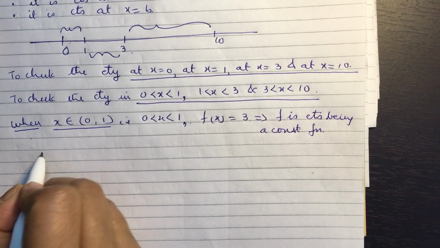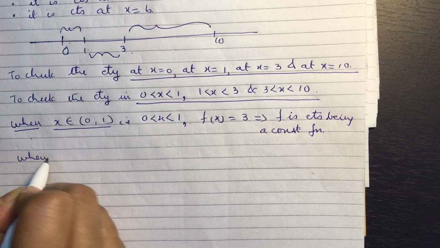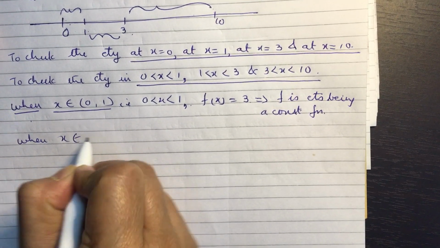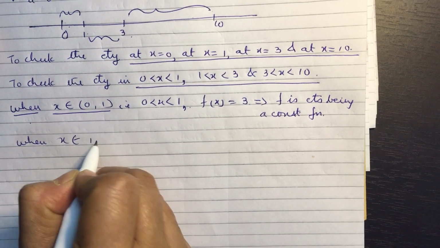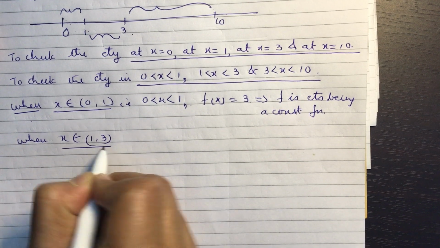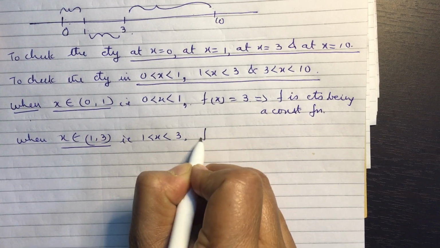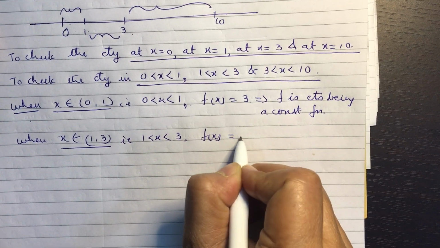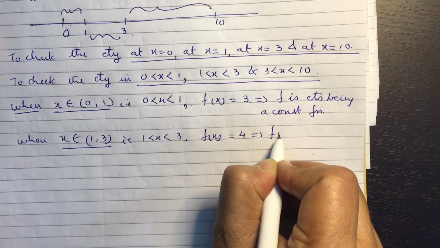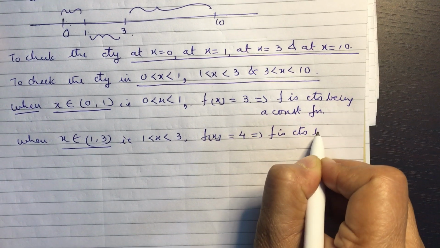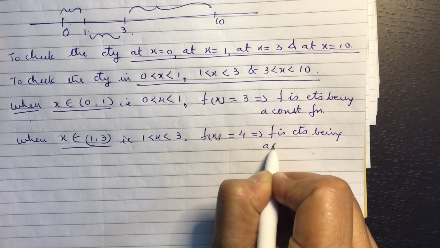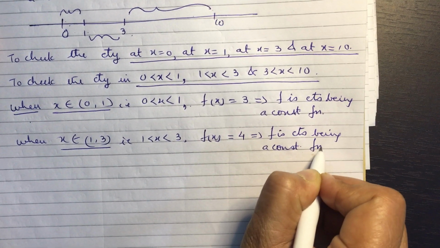Okay, now we check when x belongs to the open interval (1, 3), that is x lies strictly between 1 and 3. By definition, f(x) equal to 4. Again, f is continuous, being a constant function.